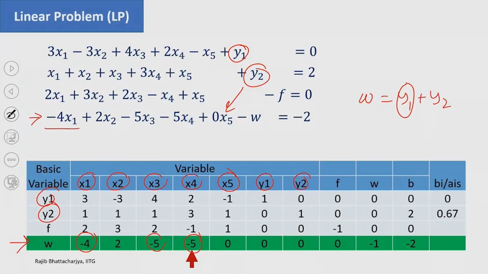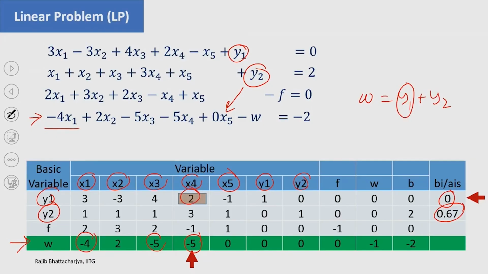So, you just take any one arbitrarily, either x 4 or x 3. Next I will calculate the ratio. Here the ratio is 0 and 0.67. So, you have to take the minimum one, and minimum one is the first equation. So, this will be your pivoting element.